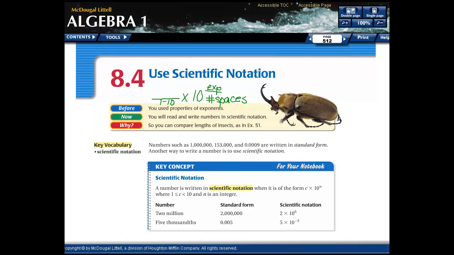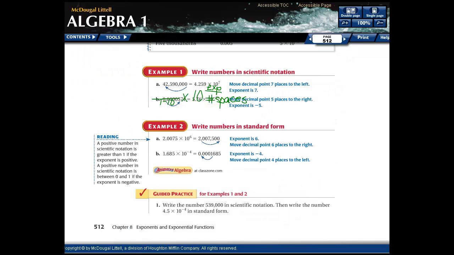So let's look at some examples here. All right, let's look at example 1. Example 1 says 42,590,000, write it in scientific notation.